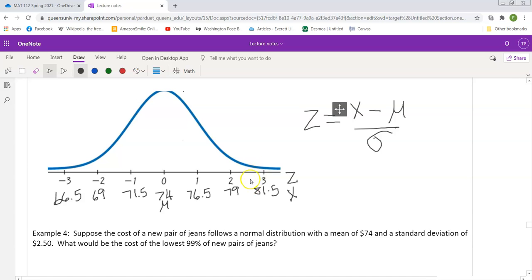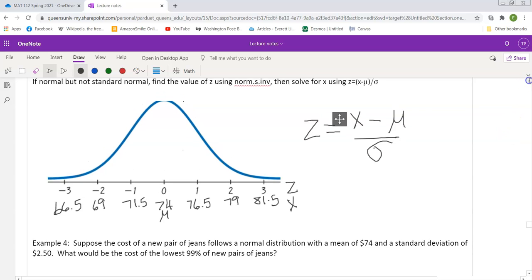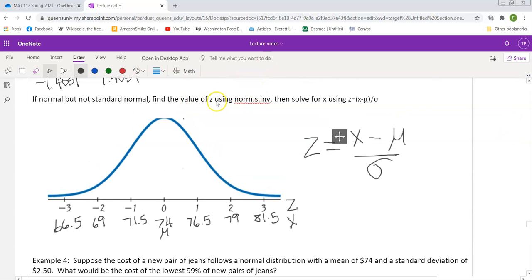Somewhere up in here, there's going to be a dollar amount on the x-axis, with 99% below it. So what we're going to do is first find the value of z using our NORM.S.INV. And then we're going to convert it back to x using this formula, z equals x minus mu over sigma.